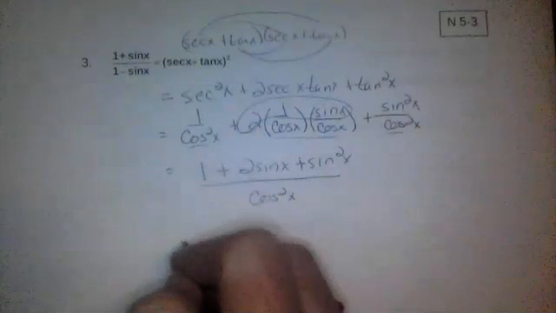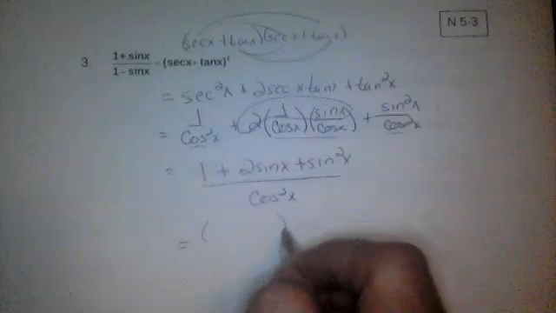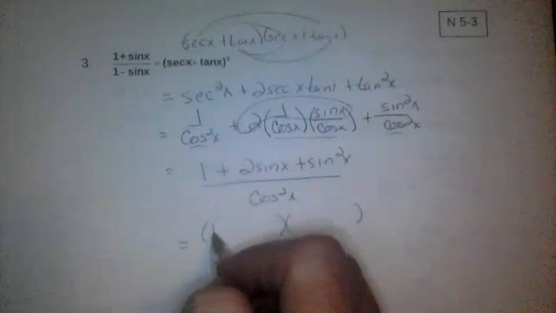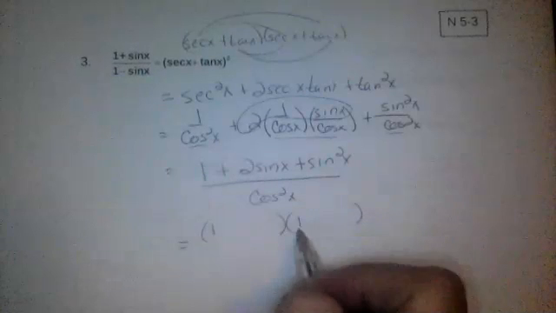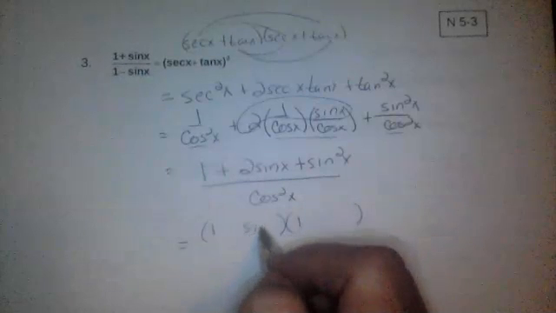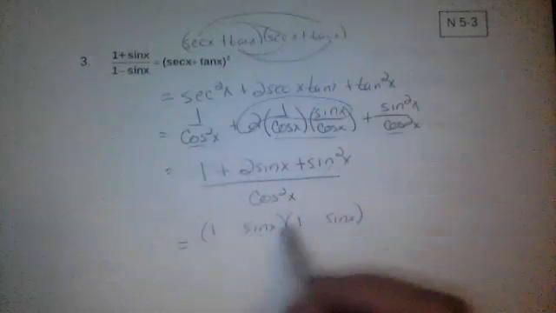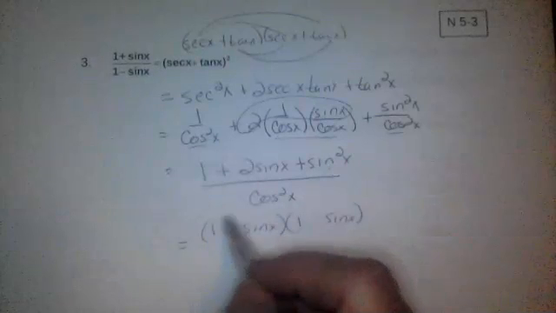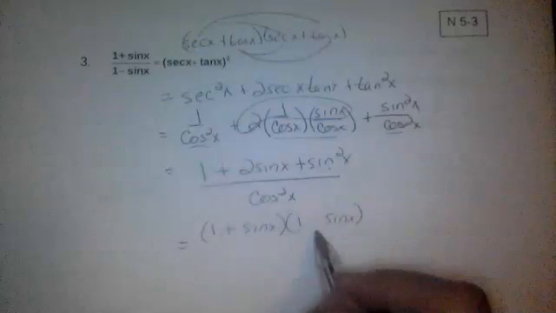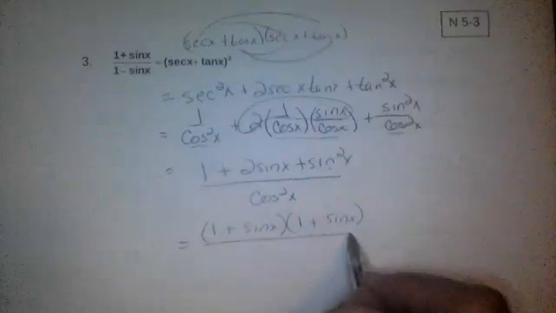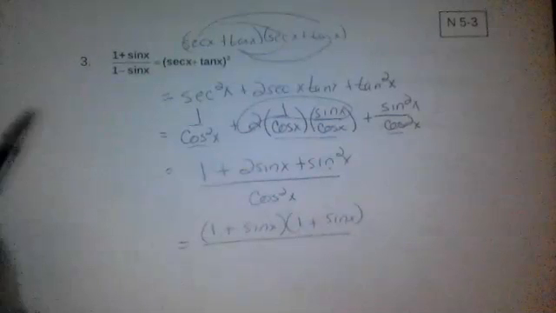So I think I'm going to try factoring that out. 1 times 1, sine times sine is sine squared. And then a plus 1 sine plus 1 sine would give me the plus 2 sine in the middle. Oh, that's looking good, look.